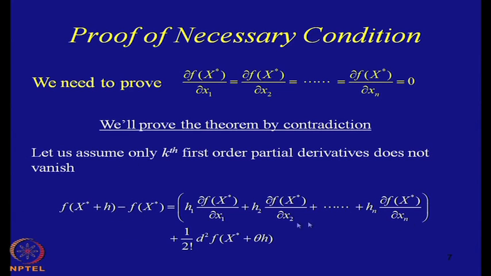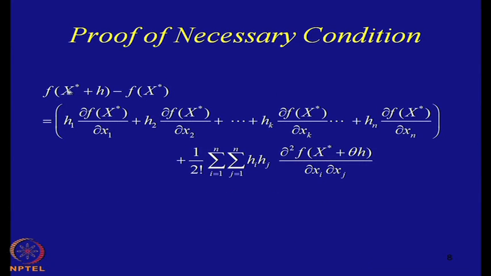Again we are writing the same expression here. Here f of x star plus h minus f of x star is equal to this term plus this one. Now, we are assuming that the kth first order partial derivative does not vanish. If I write down the same expression once again, we will see that this is equal to 0, the next one again equal to 0, up to the k minus 1th partial derivative 0, the k plus 1th partial derivative 0, and the nth partial derivative is again 0, plus the kth partial derivative which is not equal to 0.